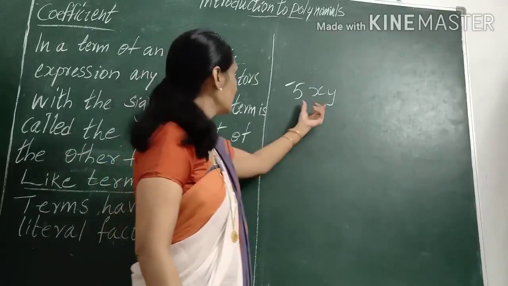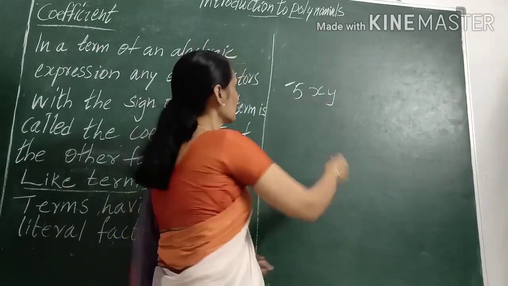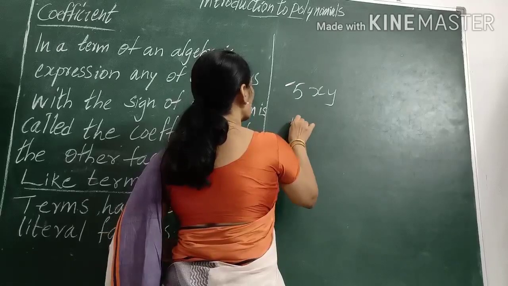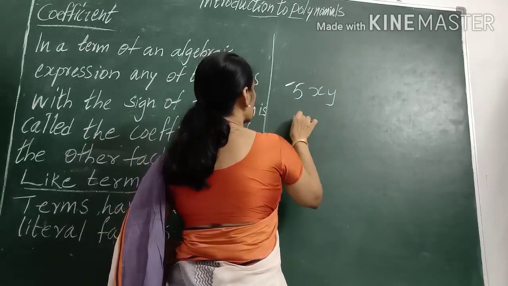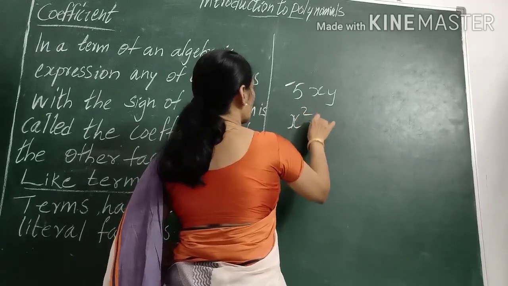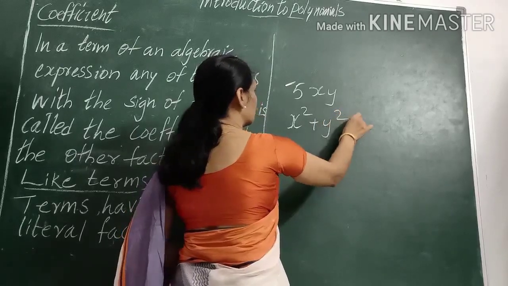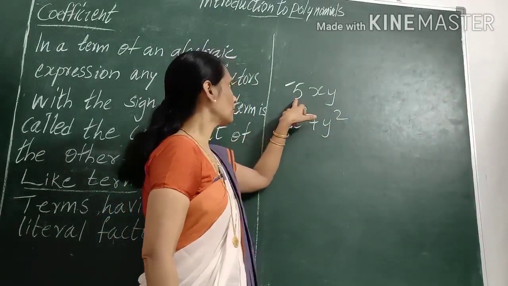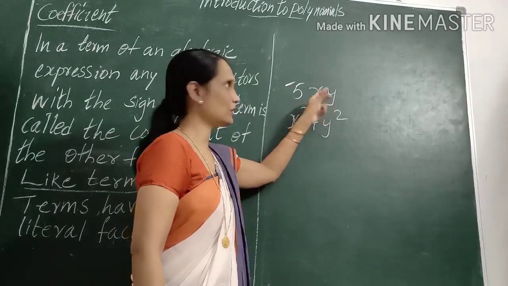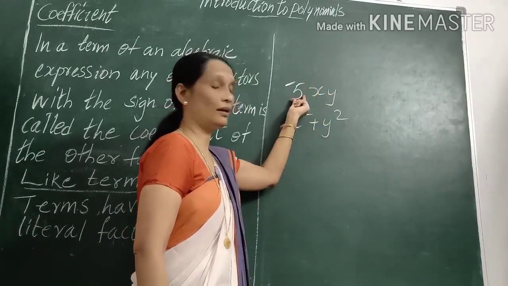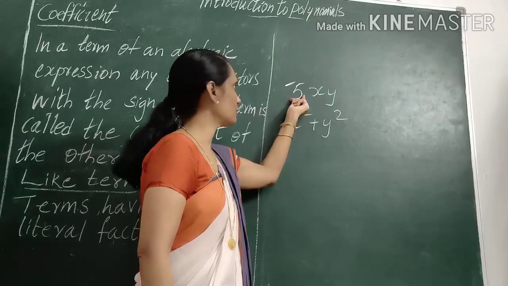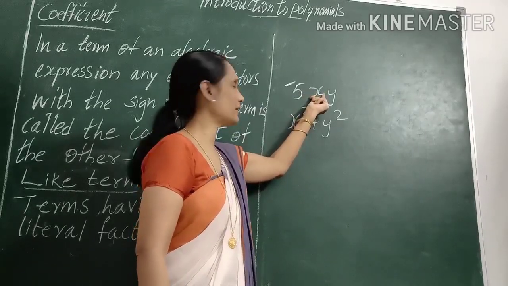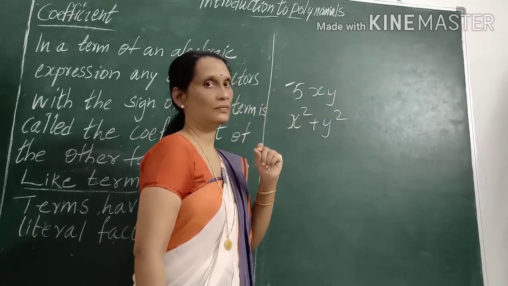So this is an expression, right? And let us take one more expression. X square plus y square. Okay, look at this expression: minus 5xy. It's a combination of a numerical factor 5 and literal factors x and y.